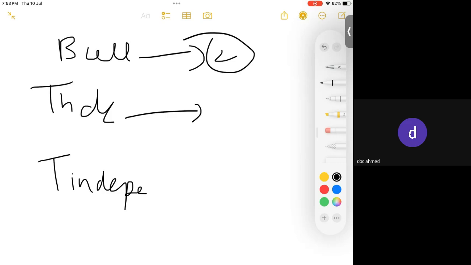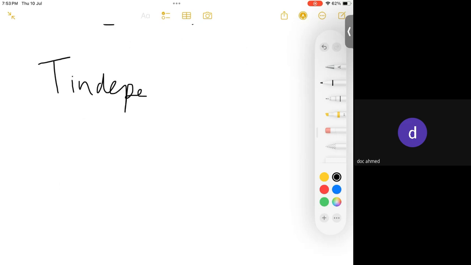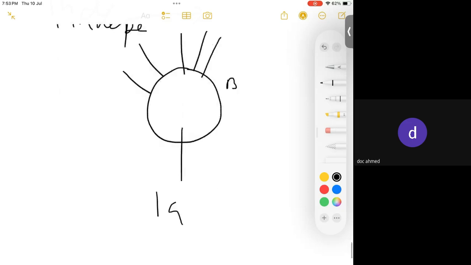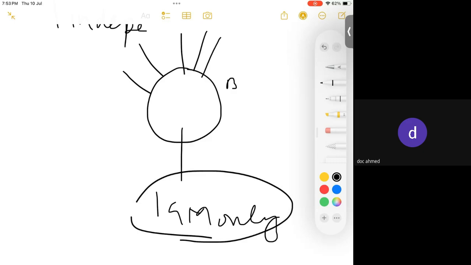But how do the B cells get activated without the help of T cells? Remember, the antigen would just come to the B cells and it would just dump IgM only. IgM only, no IgG, because for IgG production, we need what?